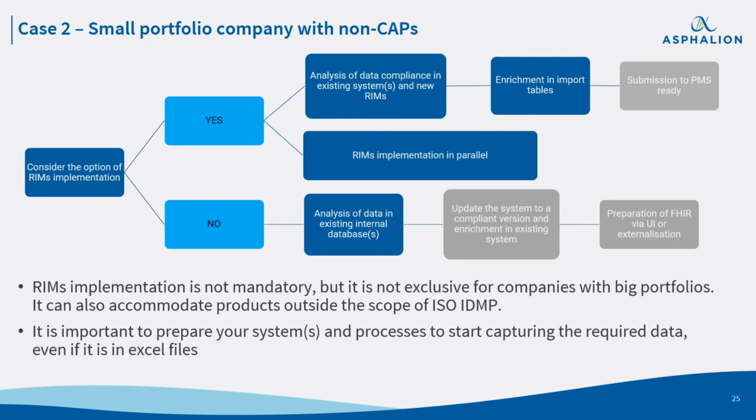Nobody's going to force you to get a RIM system in order to comply, but it's always a good option. So it will be exactly the same case we saw before. We can do this implementation in parallel and enrich in the import tables. So once we have our new system with all our products, we have all the information that we need, or maybe we do it in the future.